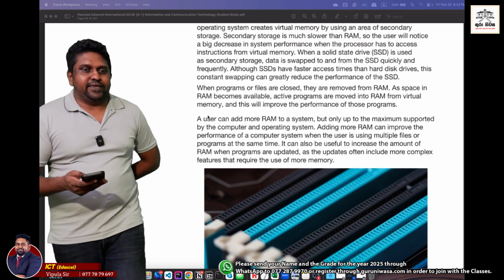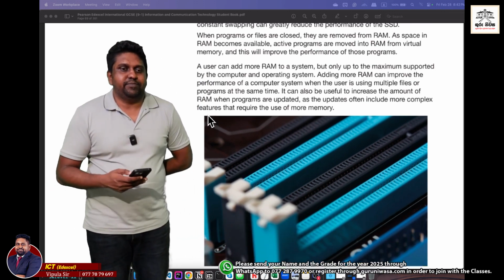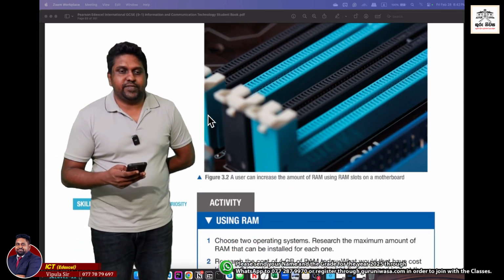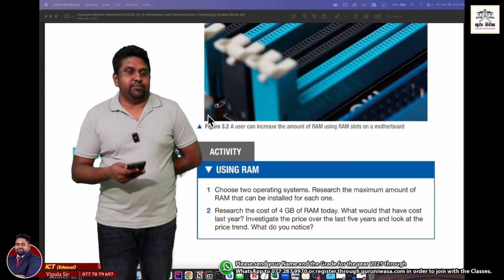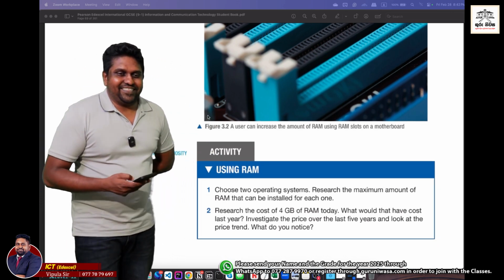So as you guys got to know, when the RAM is pressured up, then your system will obviously start to slow down. So this would be the only way of getting your system fast, by increasing the amount of RAM.